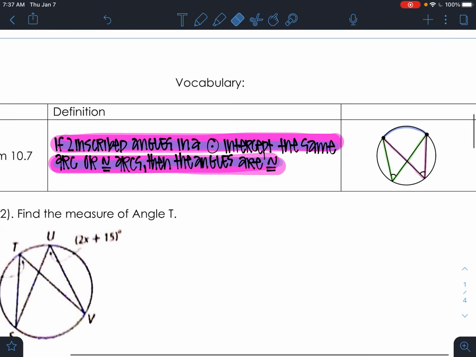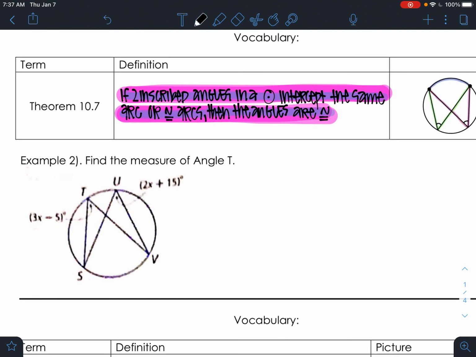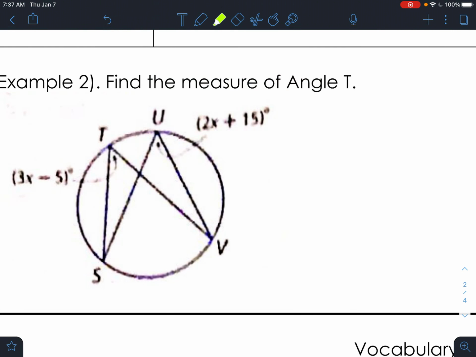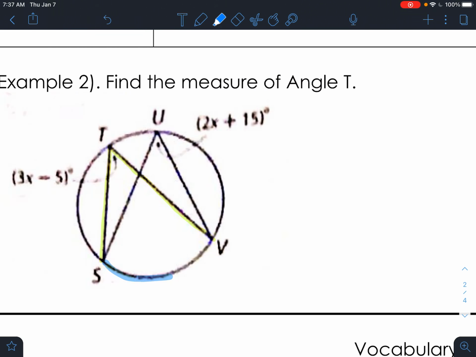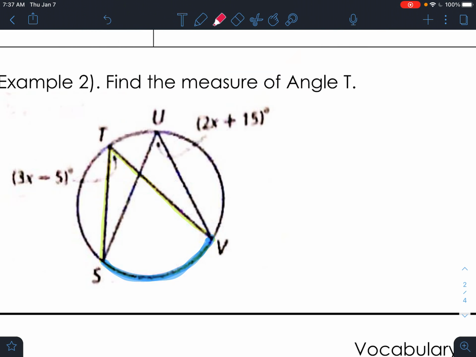Okay, so let's practice that. If we look at example 2, it says find the measure of angle T. All right, so if you look at those two angles, again, I'm going to color code. Angle T is inscribed to this arc SV, and then angle U is also inscribed to that same arc SV, which means that these two angles right here have to be congruent.